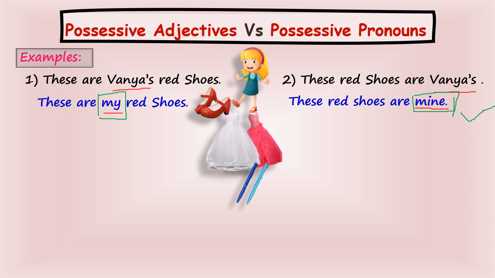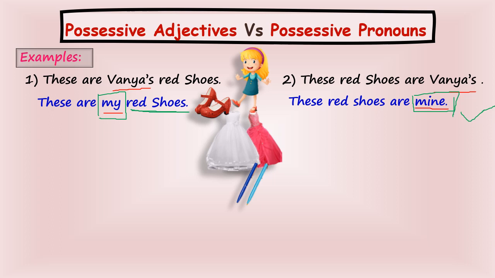We need something with this my to complete it. What is that something here? Red shoes. Here my is describing these red shoes, and without my, these red shoes is incomplete, and without red shoes, my is incomplete, children.